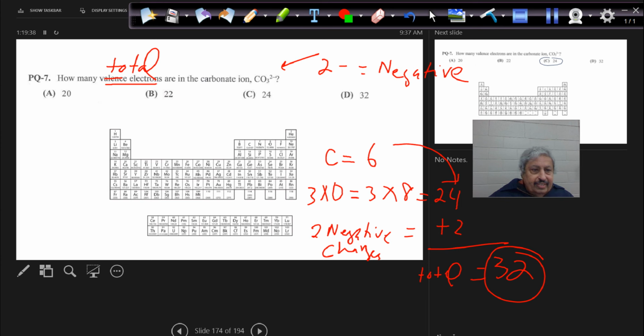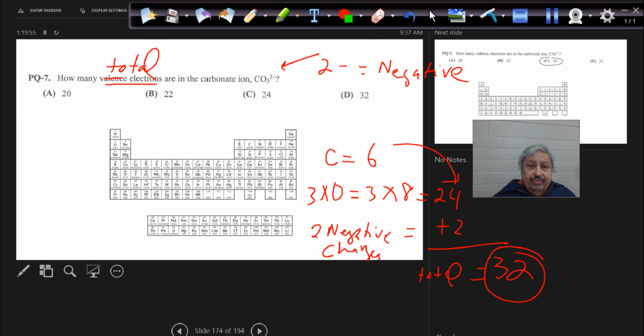How many valence electrons are in the carbonate ion? No, that's valence electrons in the carbonate ion. So if you look at the carbonate ion, they have to tell you both.